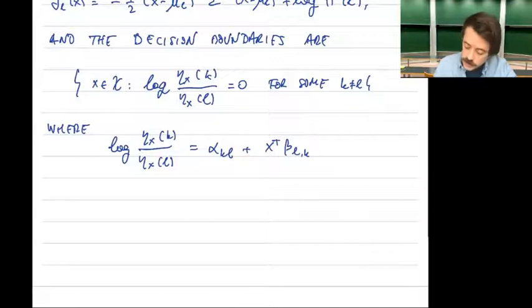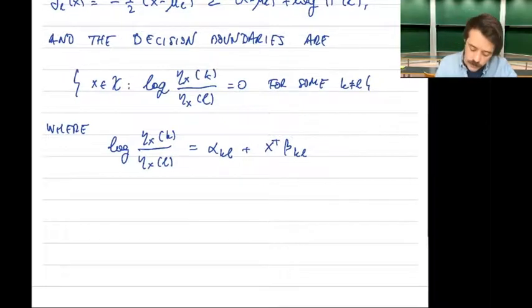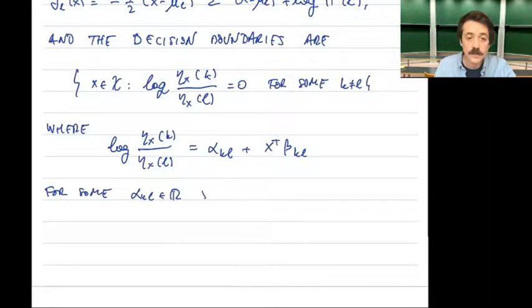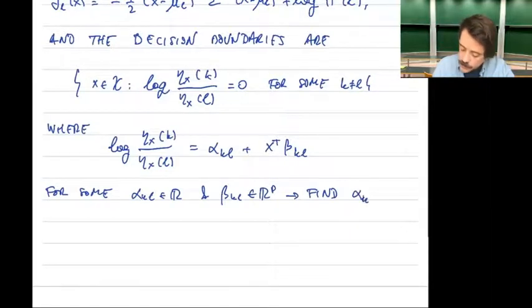Actually, if I want to be consistent with the notation, then maybe I should write KL. And this is for some alpha KL in the reals, and beta KL in R^p. So let me say that you should also find the values of these two.